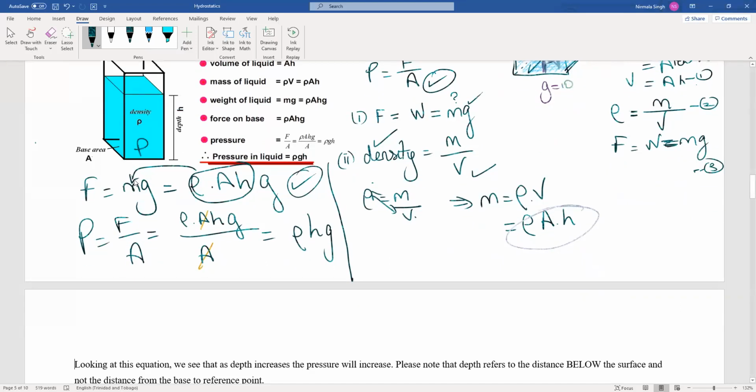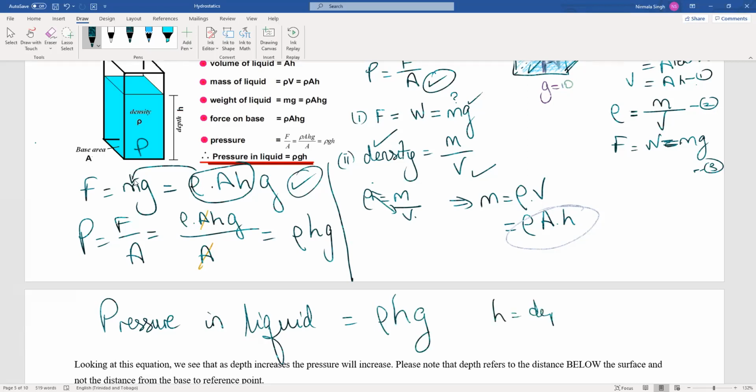So the pressure in a liquid is equal to the density of the liquid by the height or the depth that you are below the surface of the liquid by gravity. h is equal to your depth.